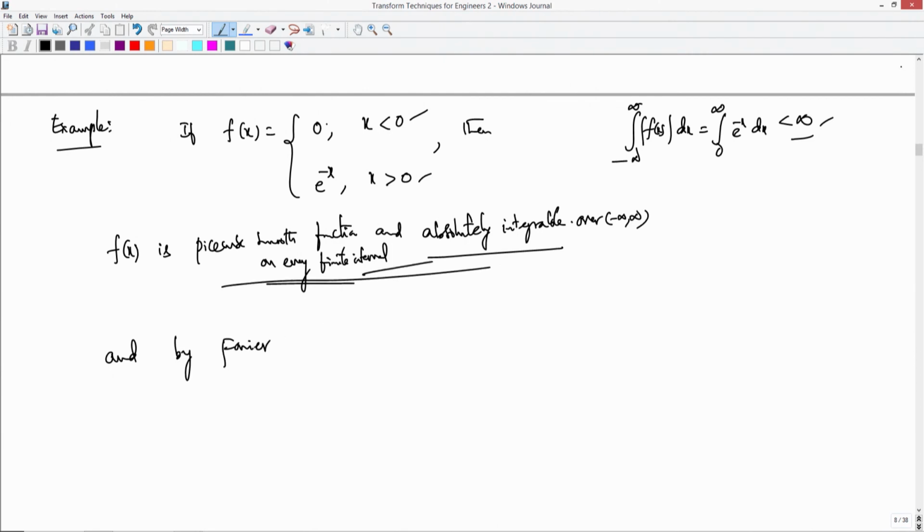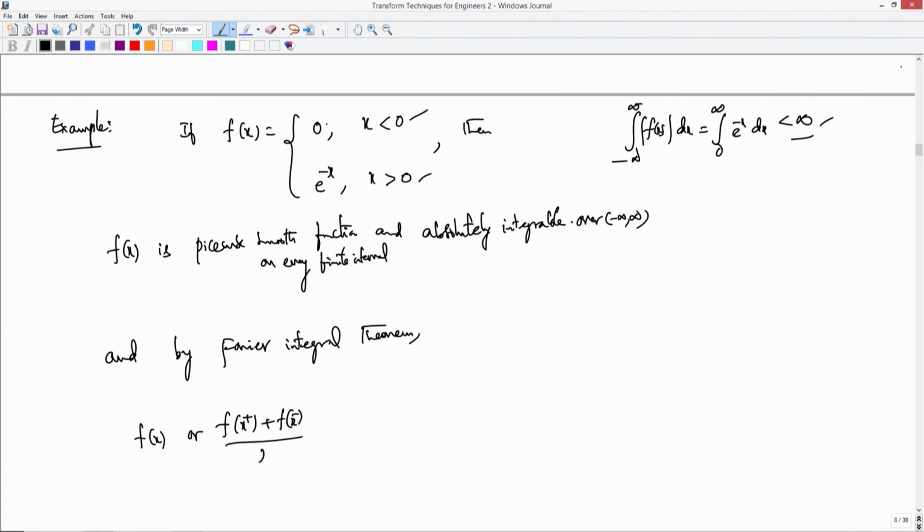And you have the Fourier integral theorem. These are the conditions of the Fourier integral theorem, and the intuitive proof we have given in the last video. By the Fourier integral theorem, f of x, or at a discontinuous point f of x plus or f of x minus divided by 2, which is equal to 1 by 2 pi, integral from minus infinity to infinity, integral from minus infinity to infinity of f of t into e power minus i xi t dt.